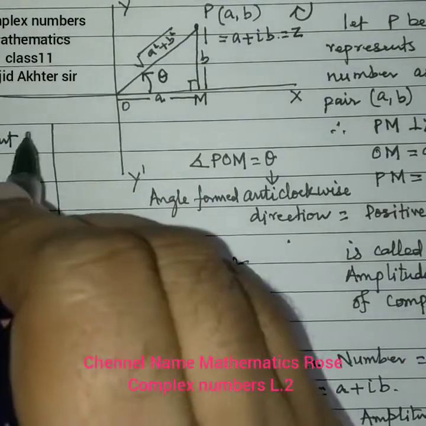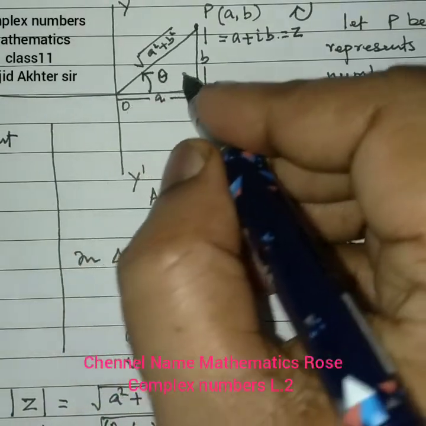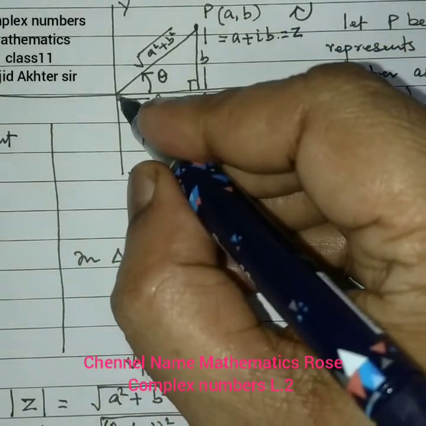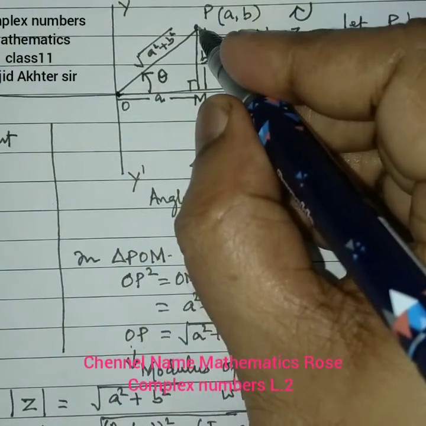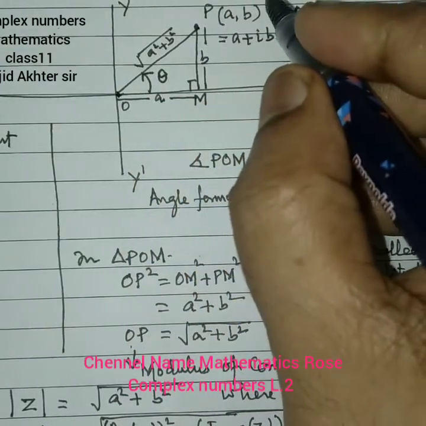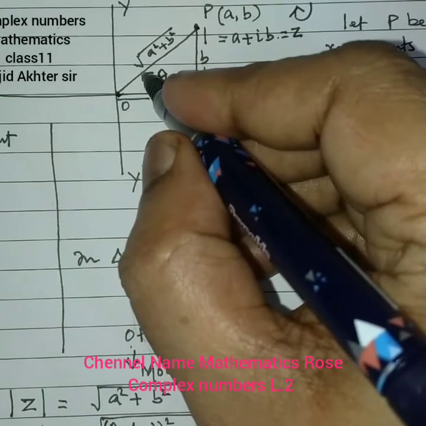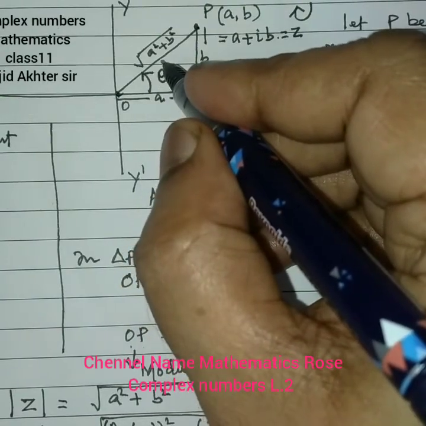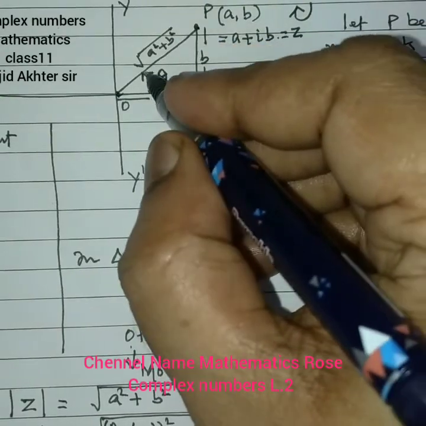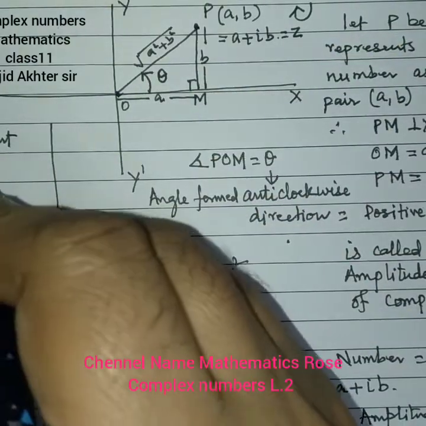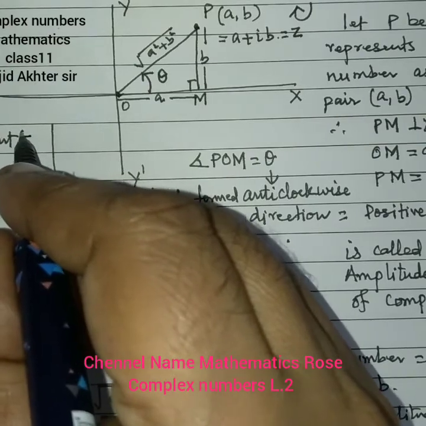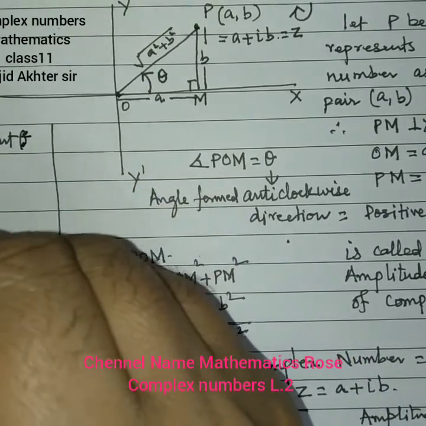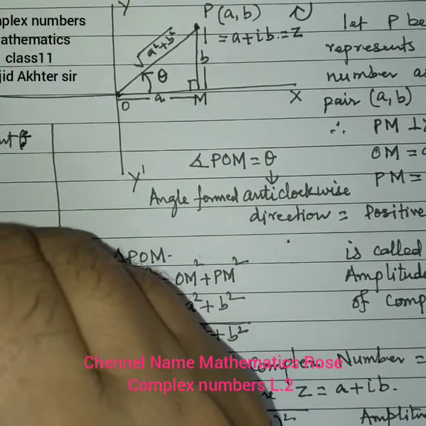Argument is the angle which is made by the line joining the origin to the particular point which represents a complex number, made by the angle with the positive direction of x-axis. So it is argument of complex number z, and suppose that I am taking tan theta.